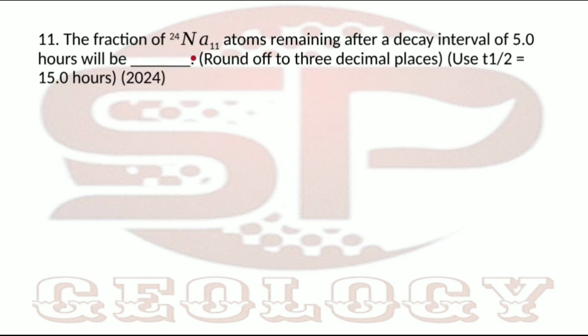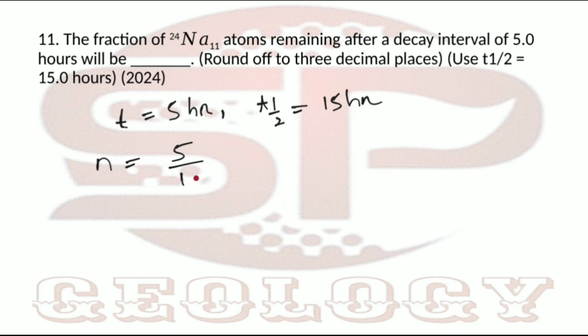Then the fraction of sodium atoms remaining after a decay interval of 5 hours will be dash. So t is given as 5 hours, T half is given as 15 hours. So n will be 5 by 15, which is 1 by 3.